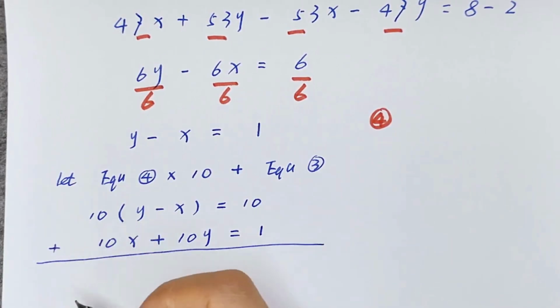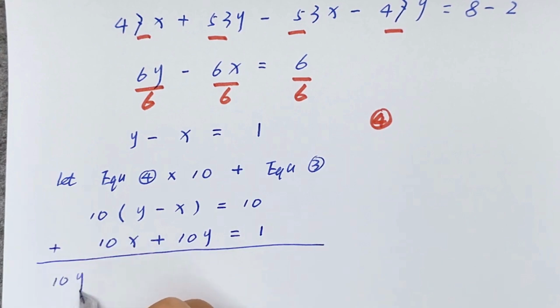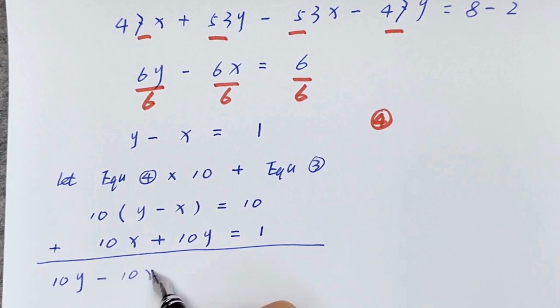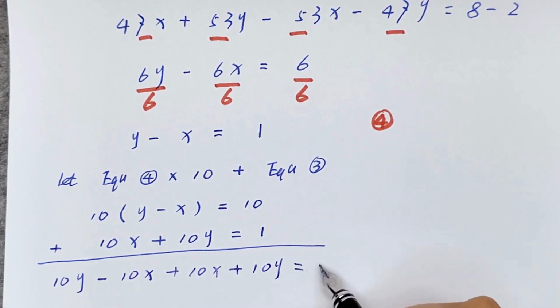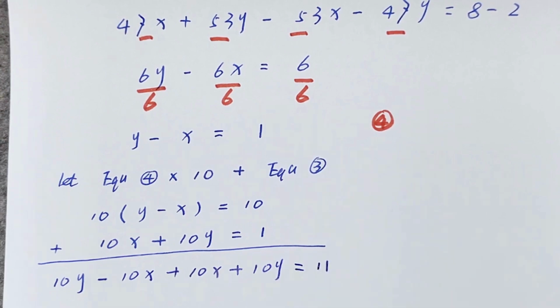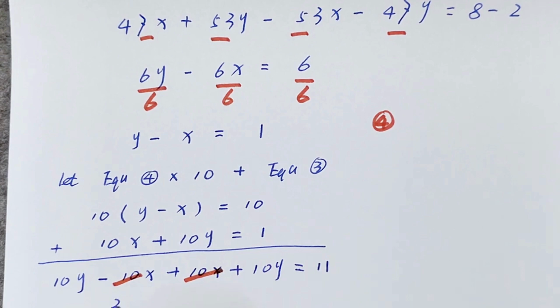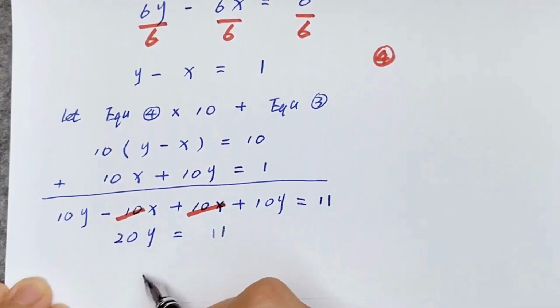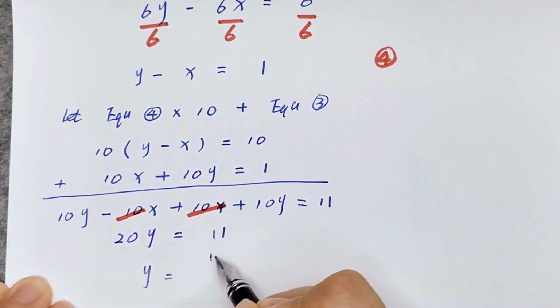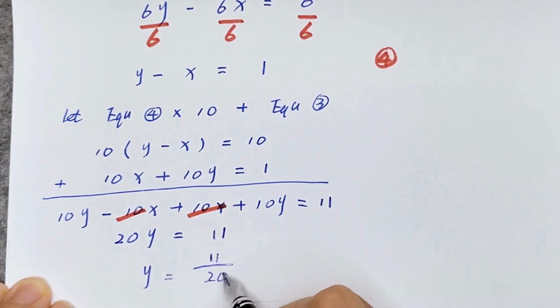This times this is 10y minus 10x plus 10x plus 10y is equal to 11. Now this will cancel with this, so it will be 20y is equal to 11. So y is equal to 11 over 20.